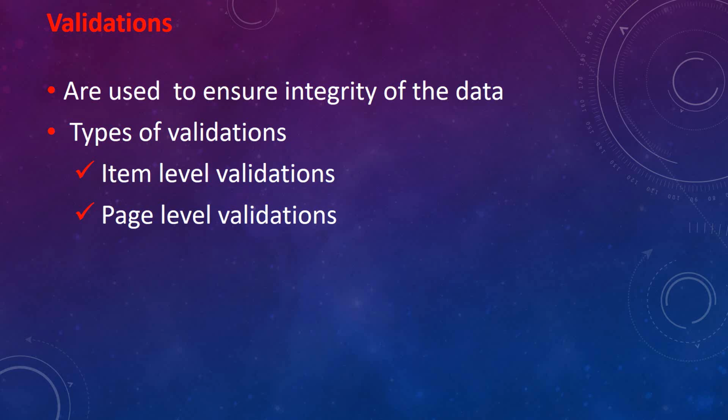There are two types of validations. The first type is item level validations, and the second one is page level validations. Page level validations means page level items validations.